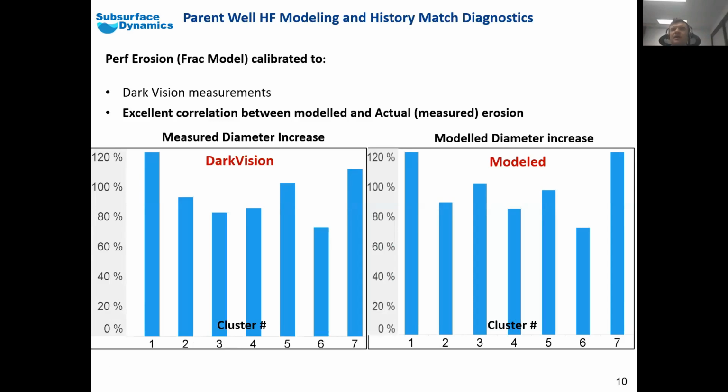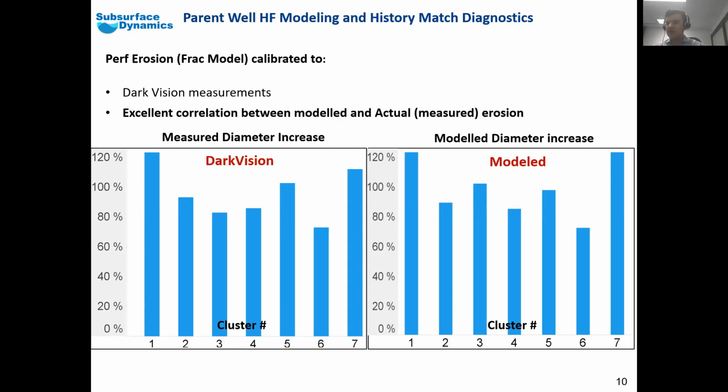Another problem that we're facing with the operators is that everybody is switching to plug and perf technology. The problem with plug and perf technology is that we need to have a way to reliably predict the perf erosions, to understand how much proppant each and every perforation is getting.